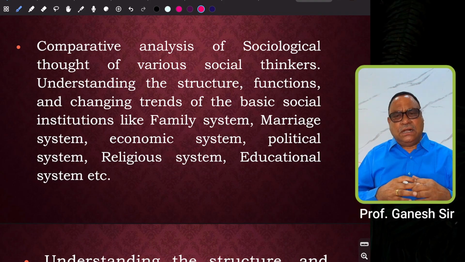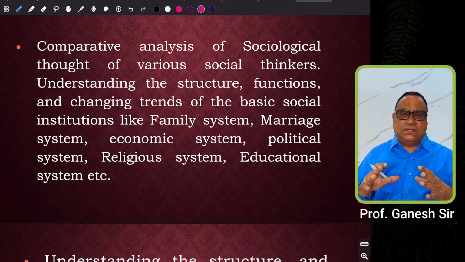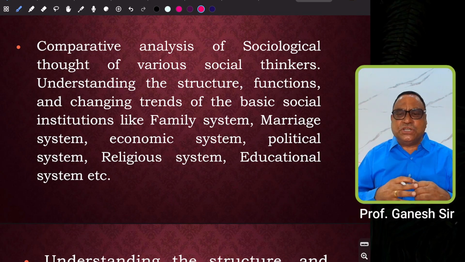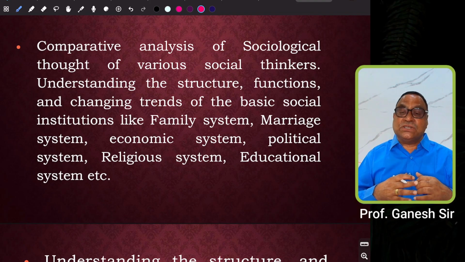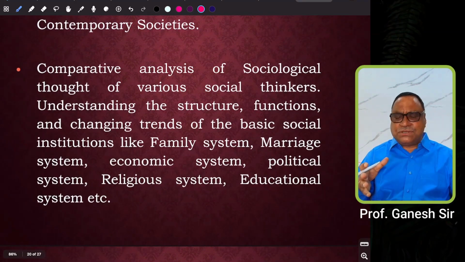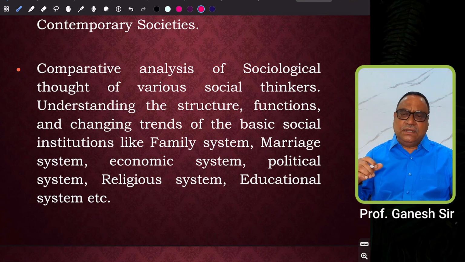And understanding the structure, functions, and changing trends of the basic social institutions like family system, marriage system, economic system, political system, religious system, and educational system. Many times, a question was asked with regard to the changing trends in family and marriage system in contemporary Indian society.